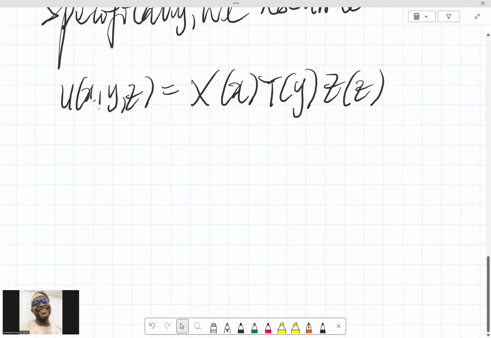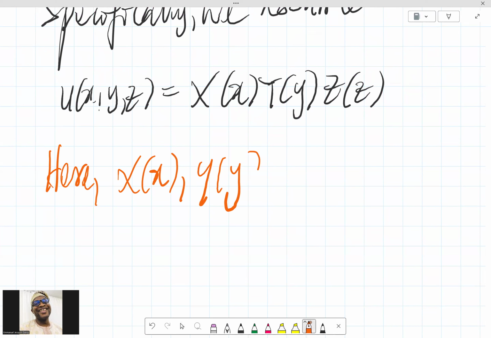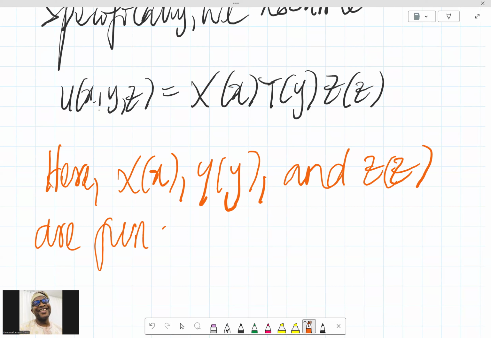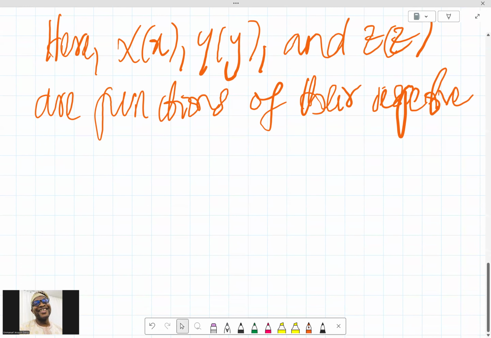Here X of x, Y of y, and Z of z are functions of their respective variables only.